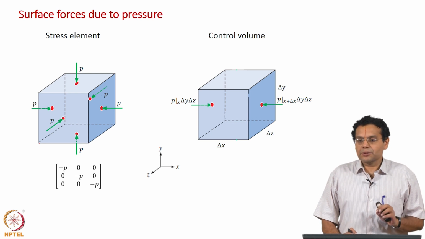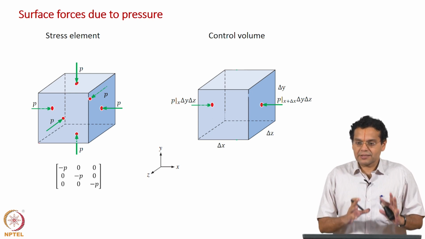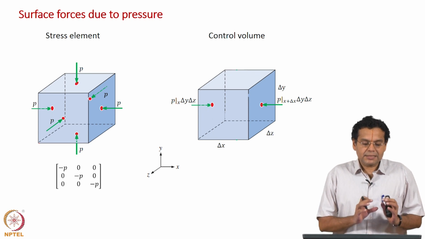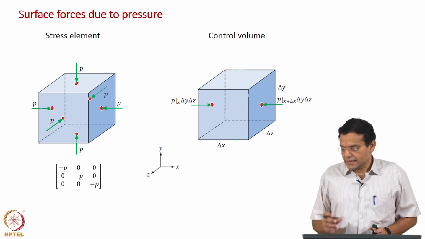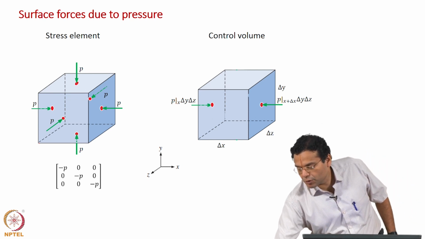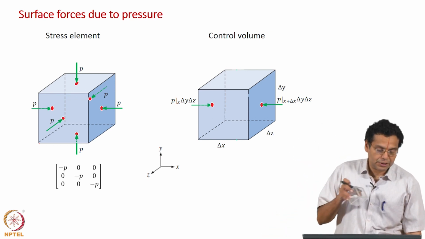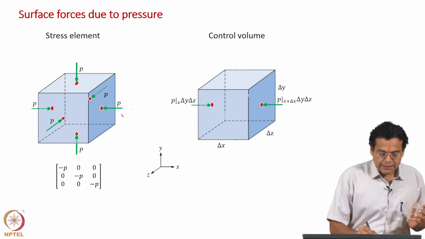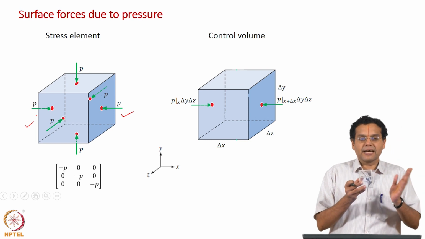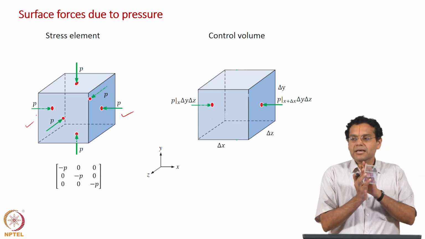How do you distinguish? A stress element, as I told you, is just a representation of the state of stress. In this particular case, it just tells about the pressure forces acting alone. Though it is shown as a cube, the right hand side face and the left hand side face are not physically apart; they are just opposite sides of the same face.